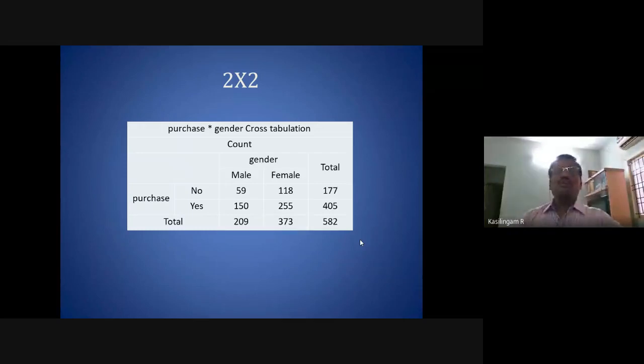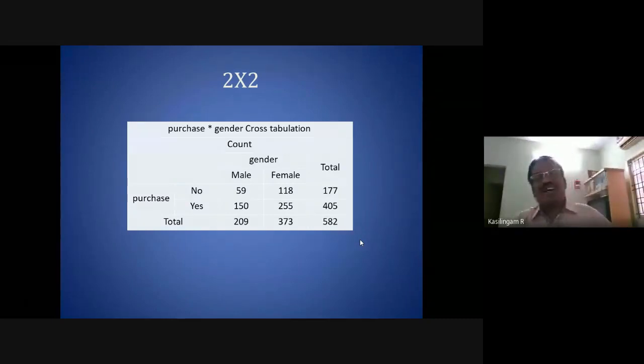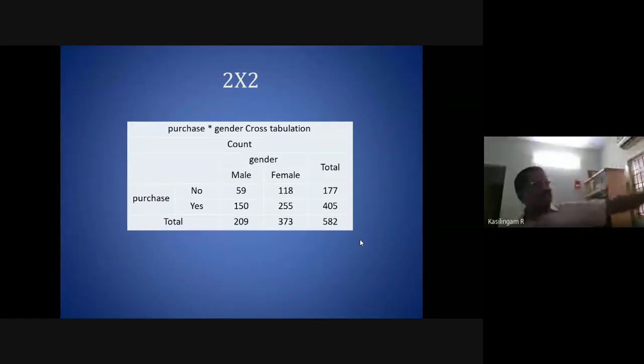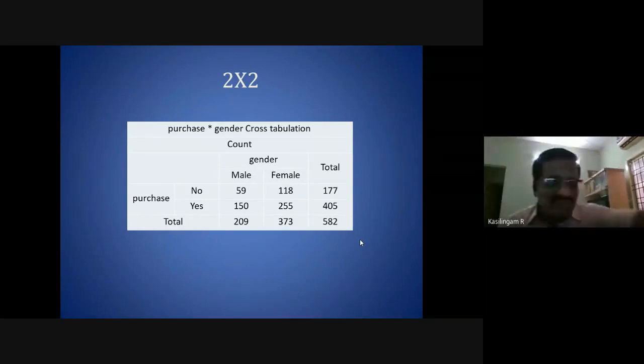But if you have a 2 by 2 matrix, now what happens? Statisticians and researchers are not simply sitting. They want to contribute something. Whatever problem they have reported, for each problem they are giving a solution.